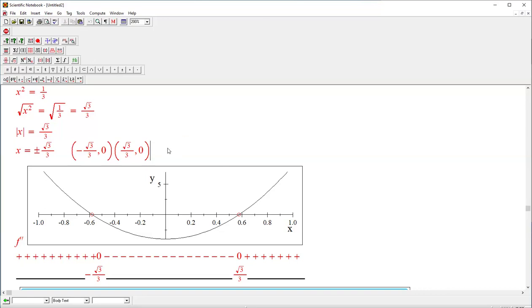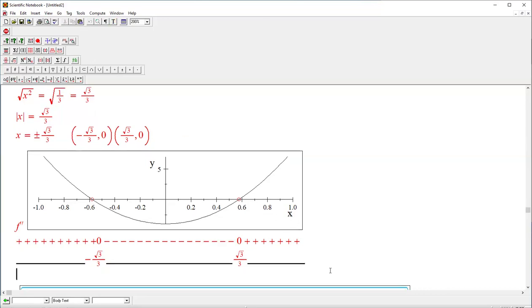Now we can say, okay, this is the second order derivative, right? The second derivative tells the concavity of the original function. So you say this is concave up, and in the middle is concave down, and that's concave up, right?